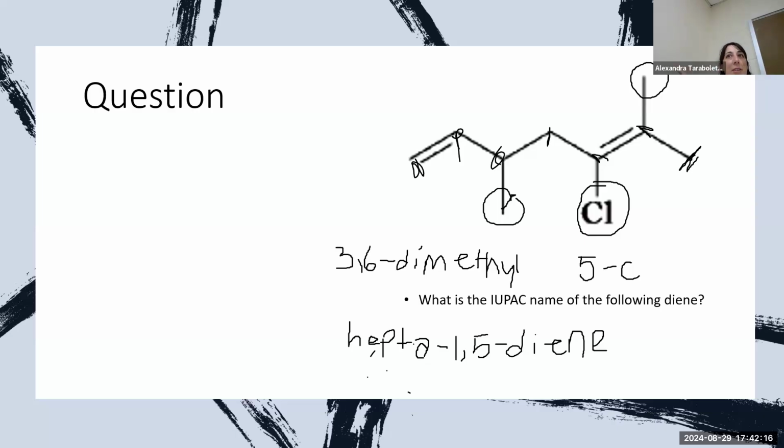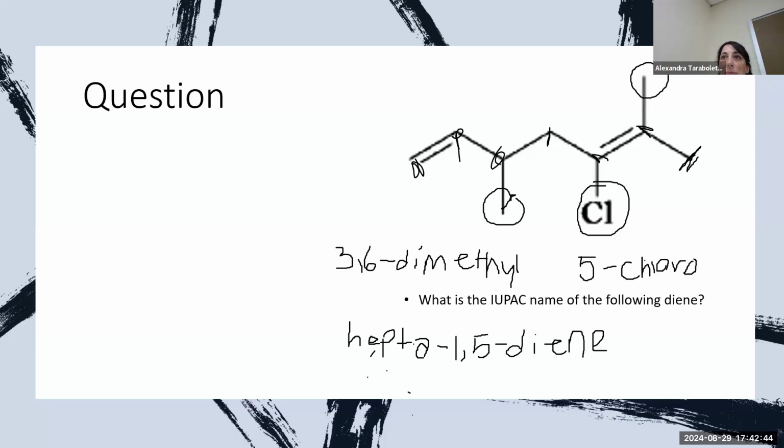So all together, this whole name would be first the 5-fluoro, 3,6-dimethyl, hepta 1,5-diene.